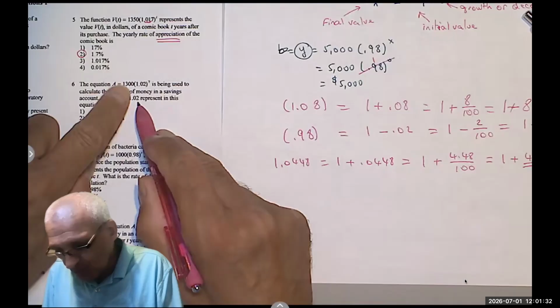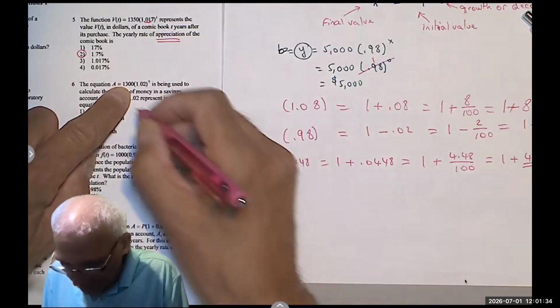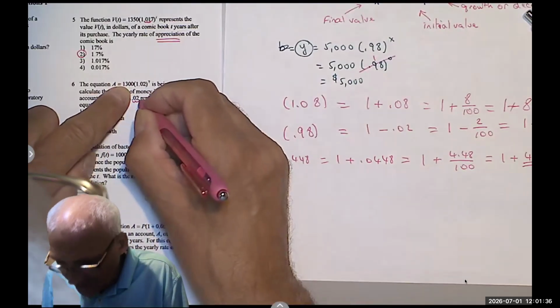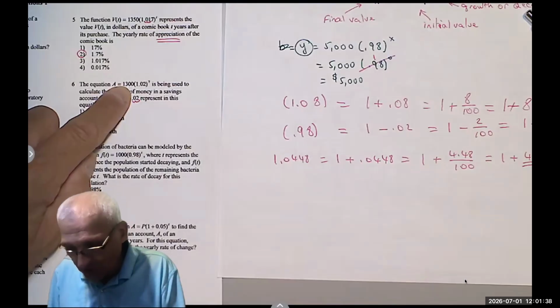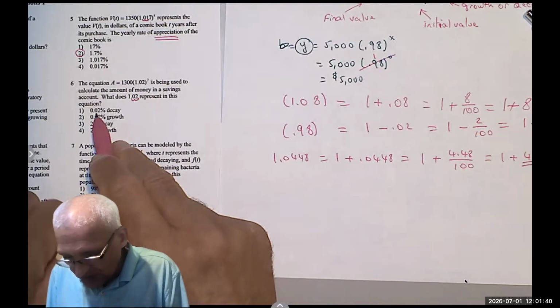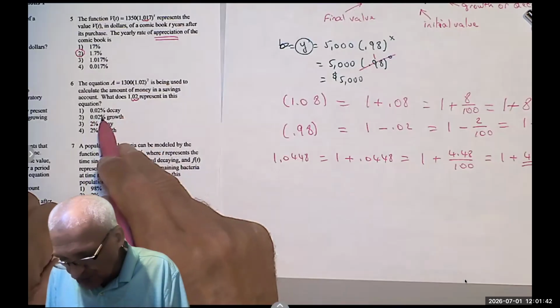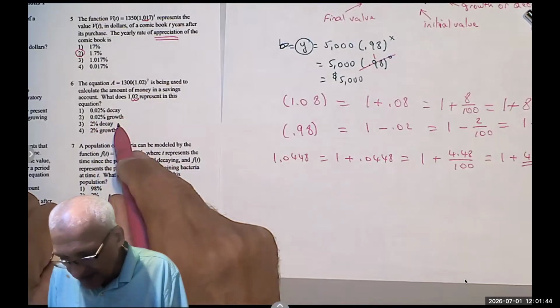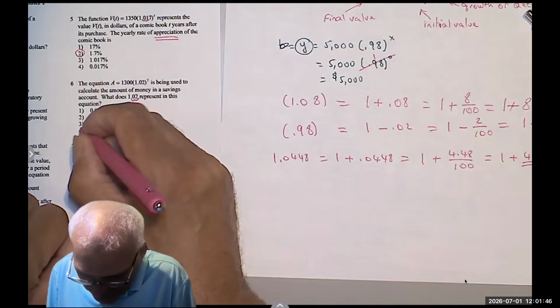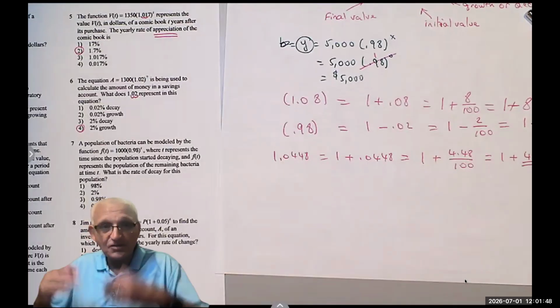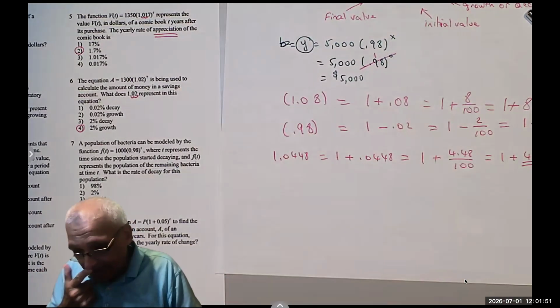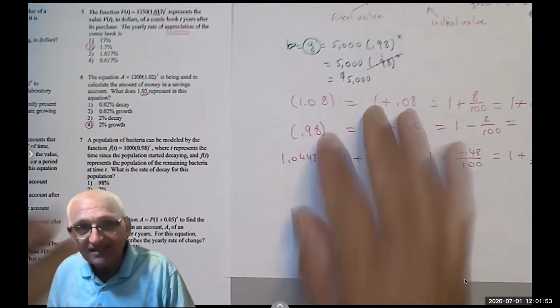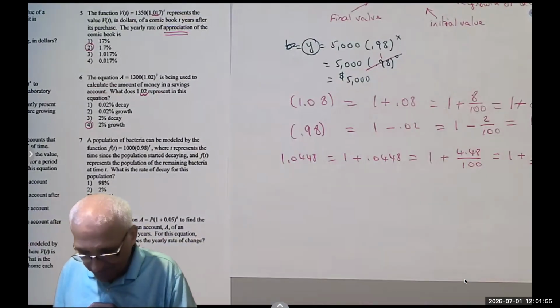If you subtract 1, you get 0.02. You multiply by 100%, you get 2. 2% growth. So is it 0.02% decay, 0.02% growth, 2% decay, 2% growth? Definitely it's 2% growth. It's more than 1. And when I multiply it by 100, I get 2, meaning 2%.